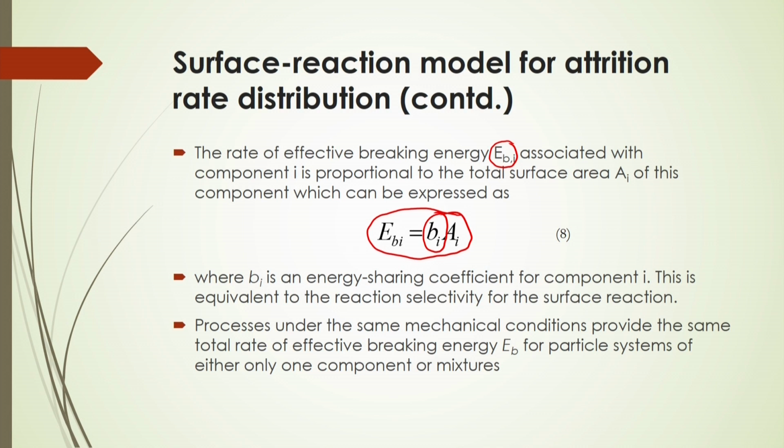You will see that if the energy sharing coefficient is large, then more energy is required for smaller surface area, and if a larger surface area is produced for the same energy, then this energy sharing coefficient should be small.